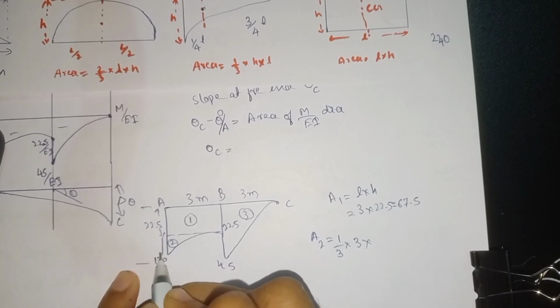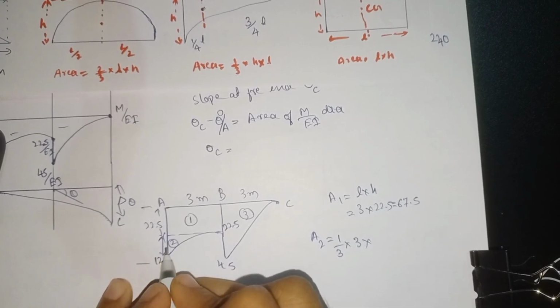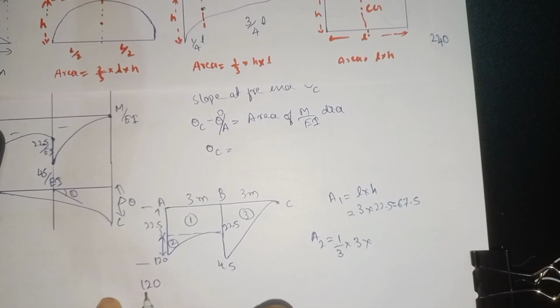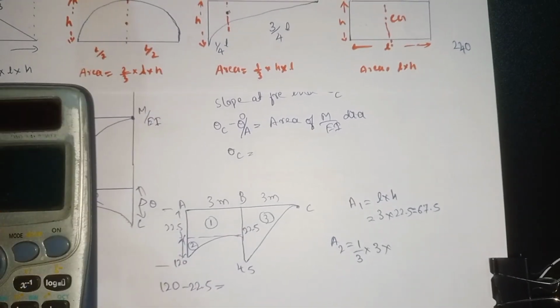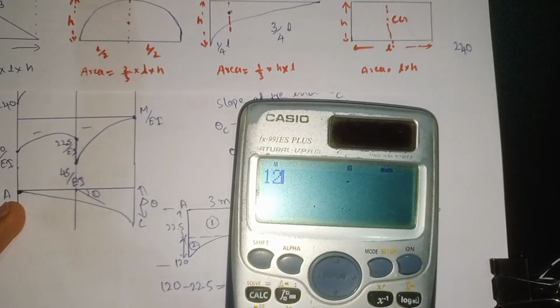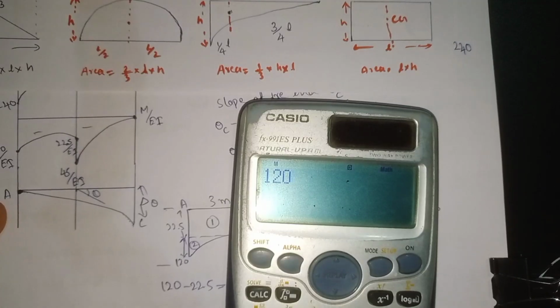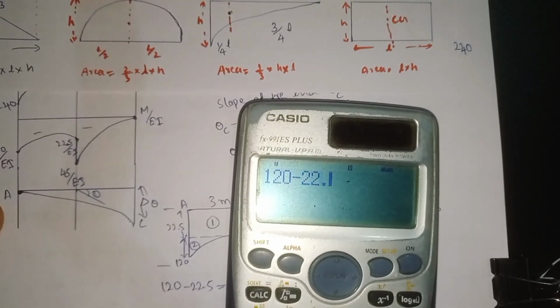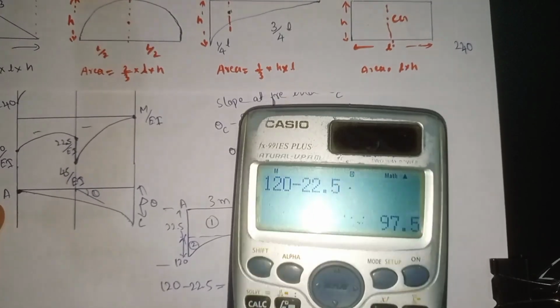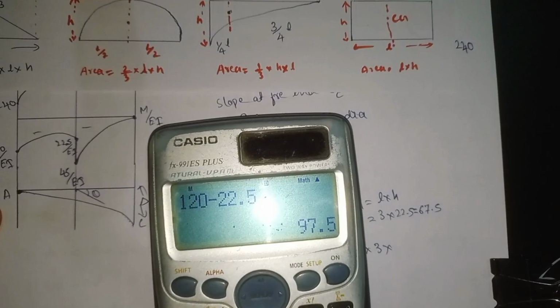Now we want to know this much, so for this much we need to do 120 minus 22.5. If we do, we'll get this much distance. So how much do we get? 120 minus 22.5, the value will be 97.5.